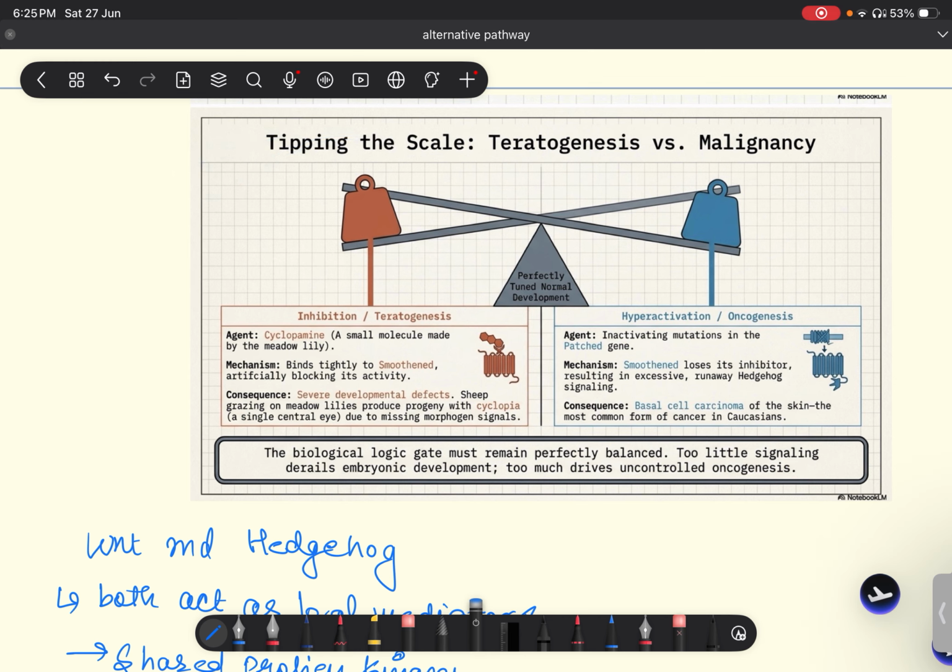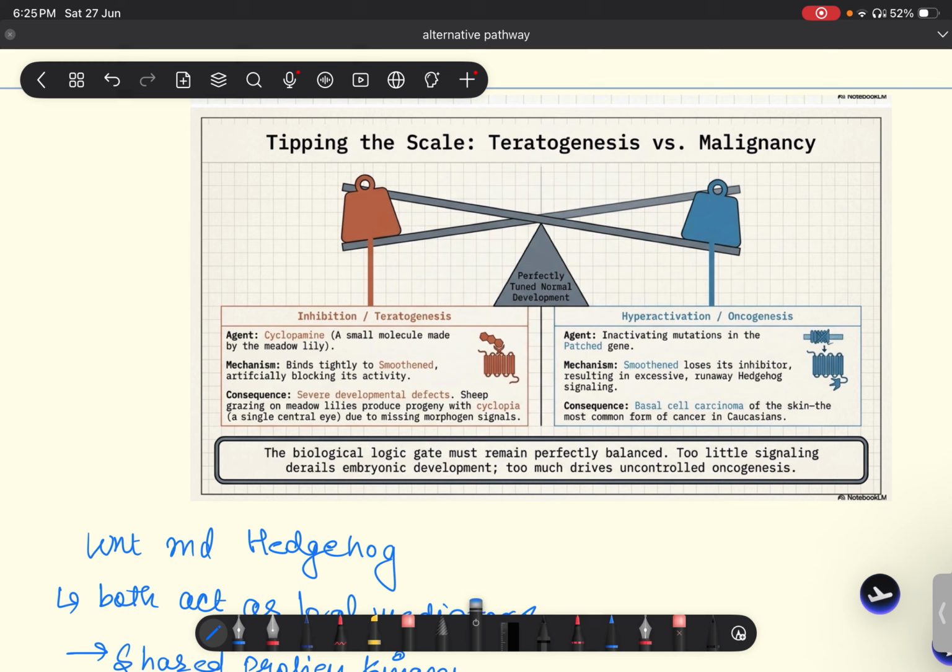Now, this is very important to understand. Tipping the scale, right? Now, what if the hedgehog signal is in a turned off state, right? What will happen? There would be severe developmental defects. So how?